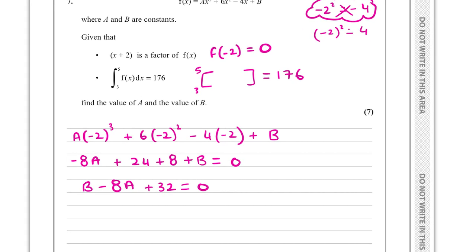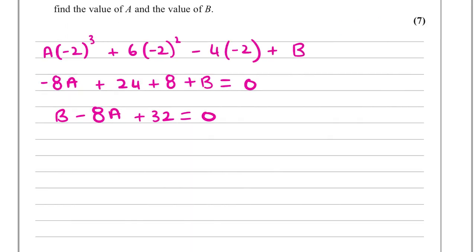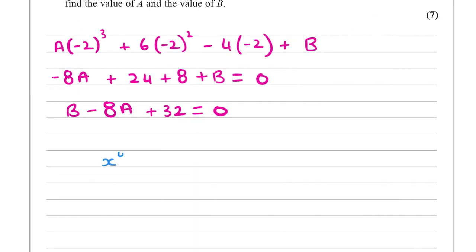Okay, so the integral of ax cubed is increase the power by 1 and divide by the new power. Okay, 6x squared, increase the power by 1, divide by the new power.